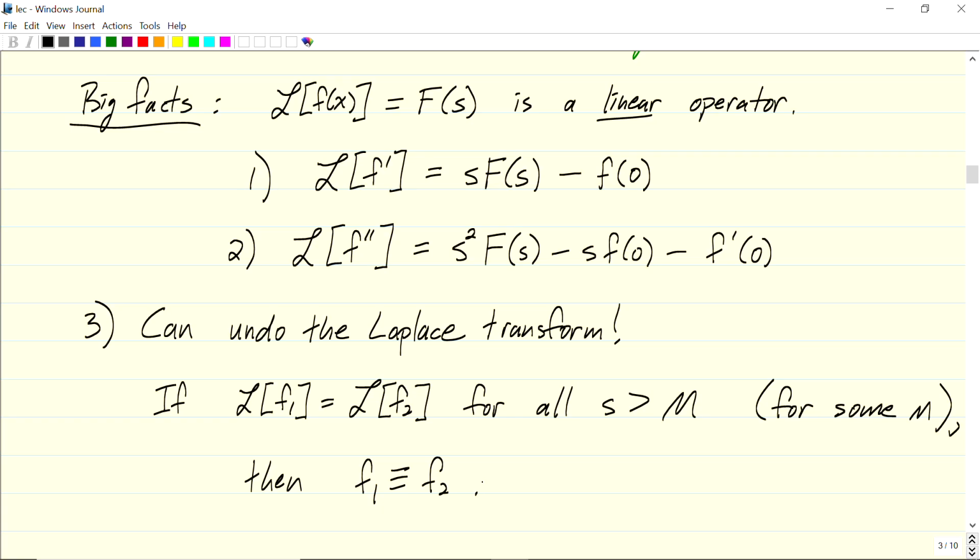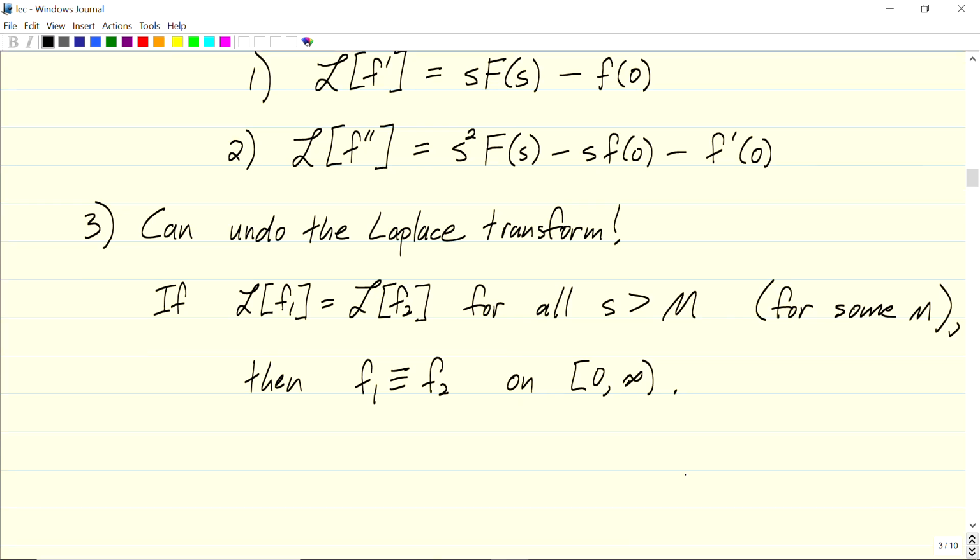Of course, there'd be some conditions. You'd need differentiability, etc., to be able to show such a thing. These functions are only for future time, so they would be the same function on 0 to infinity, the positive time variable. And so consequently, the inverse Laplace transform makes sense. We're going to have an inverse Fourier transform in a similar manner. L inverse makes sense.